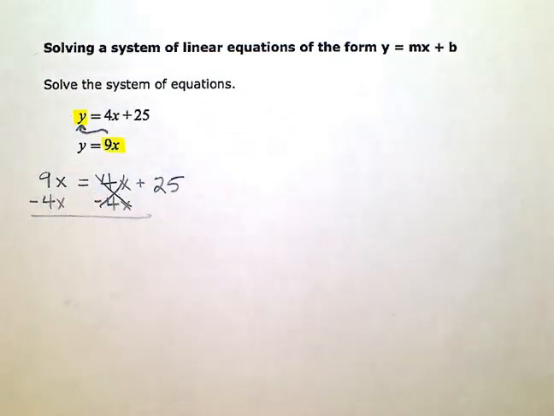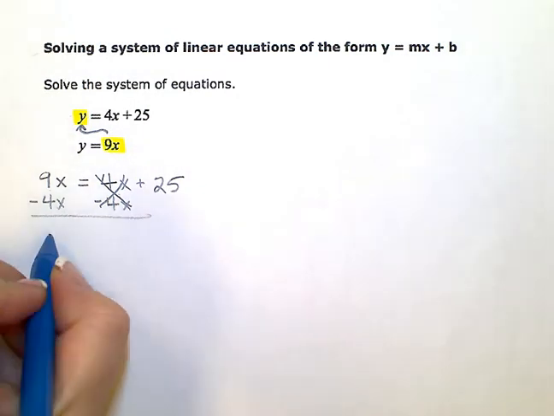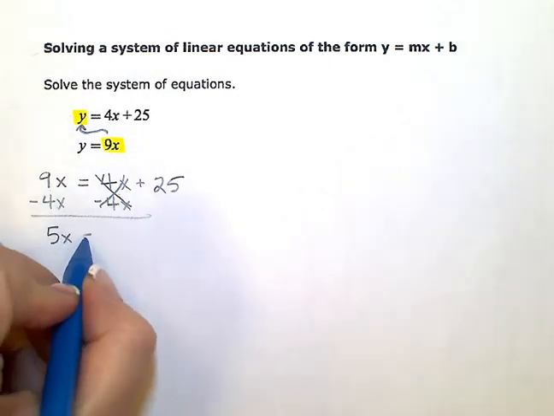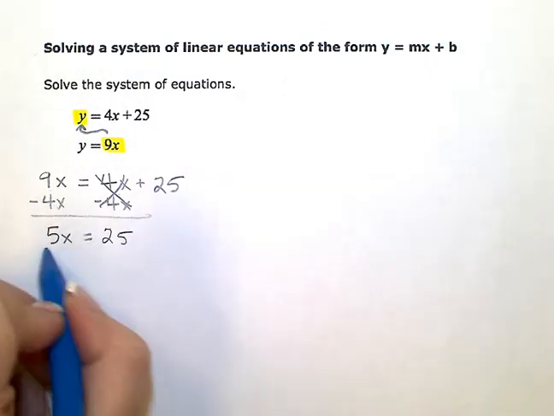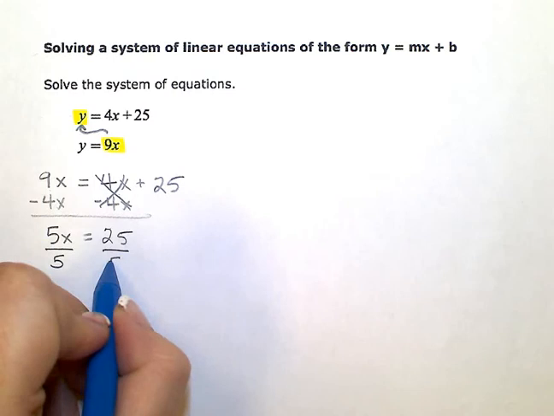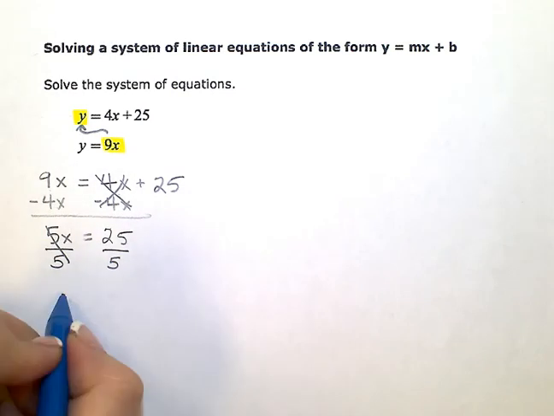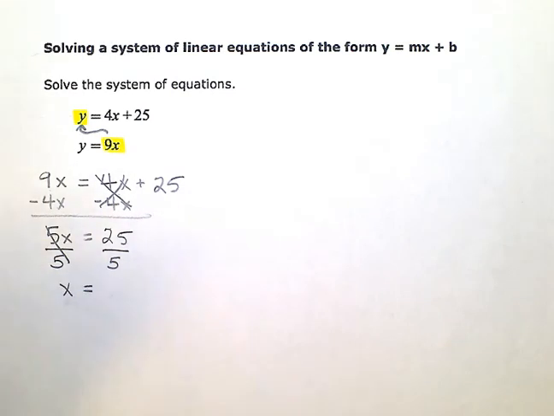So I zeroed out the 4x term on the right, and when I simplify, I'm left with 5x equals 25. Then I'm going to divide by my coefficient and simplify again, so x is equal to 5.